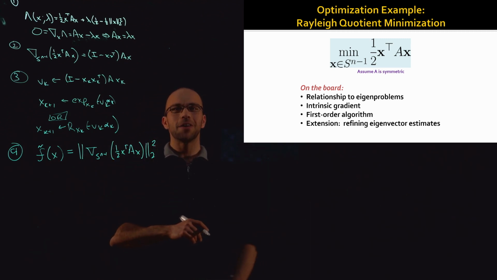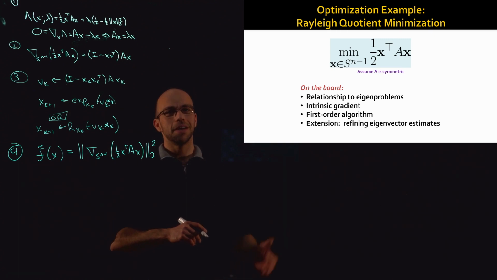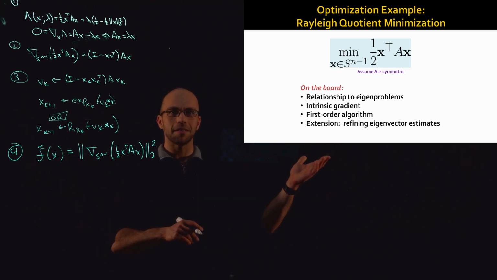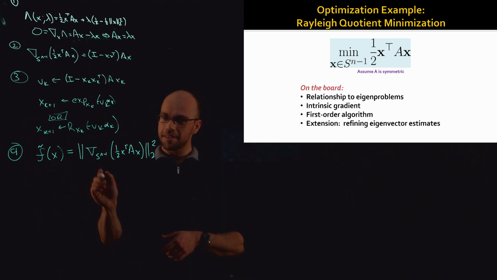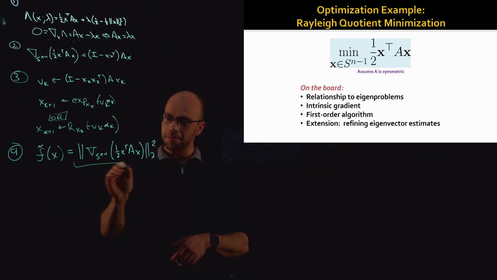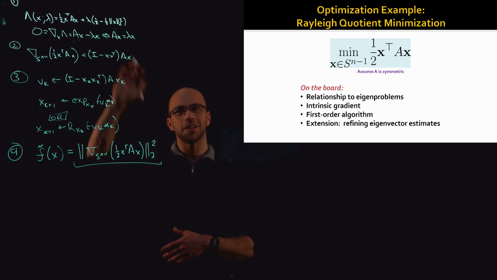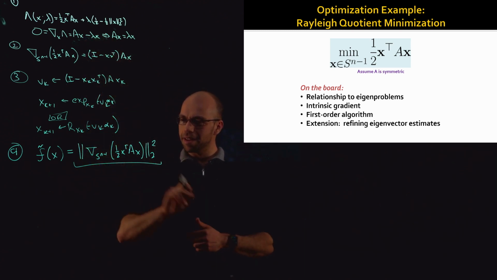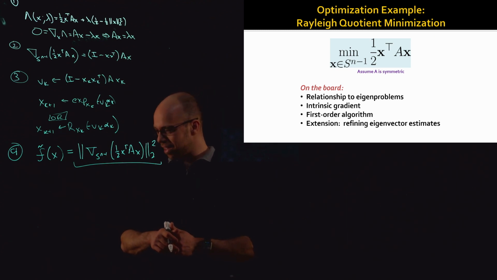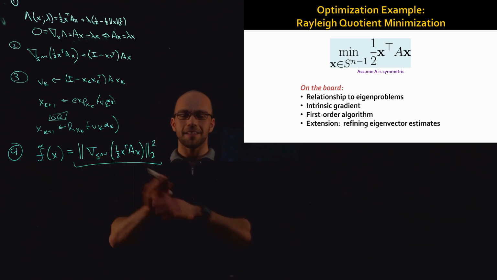For instance, let's say that I wanted to target an eigenvalue that wasn't the smallest possible eigenvalue, but like the biggest one. That would still be a local minimum of this problem. This is an interesting extension of what I've written on the top. And it's a local minimum because, of course, the gradient is equal to 0 at any of these points, and now I'm taking the norm, so that's the smallest possible value.